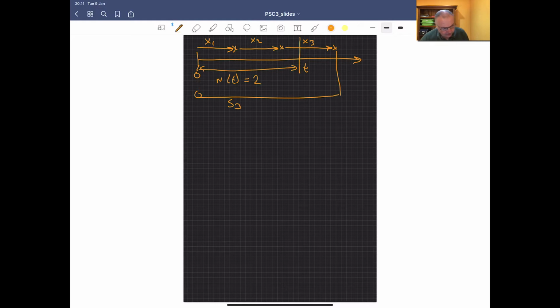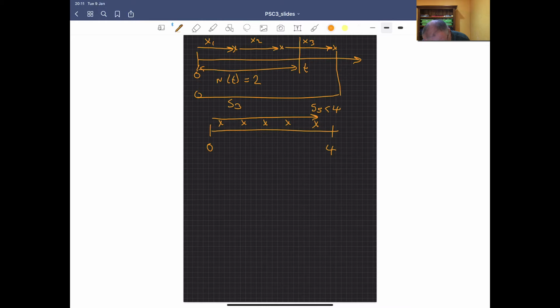First thing to notice, let's assume that we look between 0 and 4 and we count our events. So we have 1, 2, 3, 4, 5. First of all, notice in this case that the time to the fifth event, S5, is less than 4.